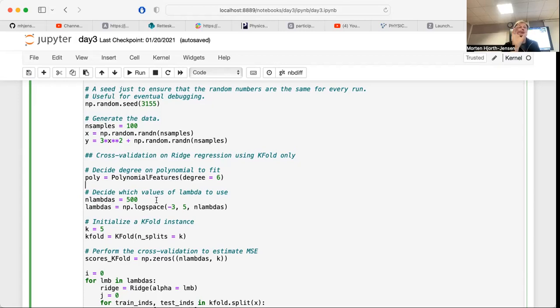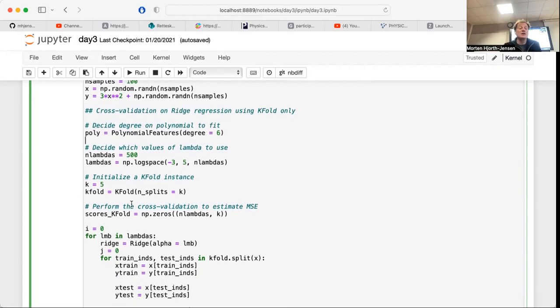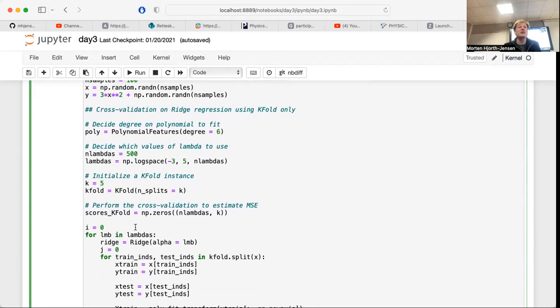You will typically see that people tune these parameters to get the best possible mean squared error. Here I made a function myself where I split the data, but I'm using scikit-learn's functionality. I'm a little bit lazy, I didn't write it fully out myself, so I use this way to split the folds for me.